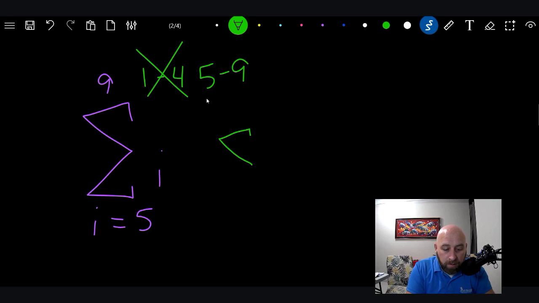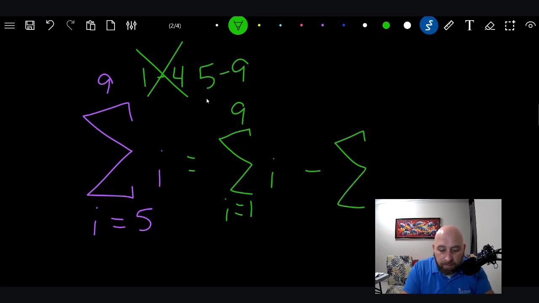So if we go ahead and build our sigma notation here, we're going to say that this equals the whole. Remember, we start with the whole. So 9 is our upper bound, and i equals 1 is our lower bound, and then i. Remember, this one is the whole. So we're taking the whole minus the part. So minus the part, another sigma.